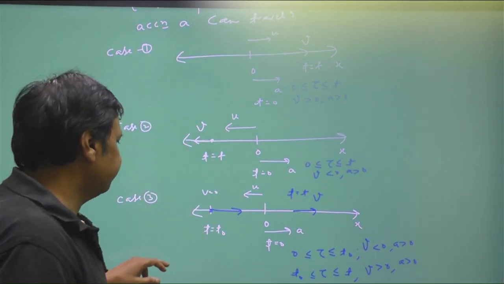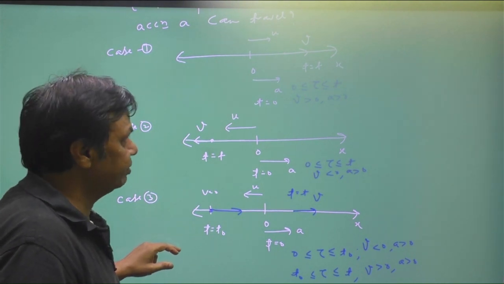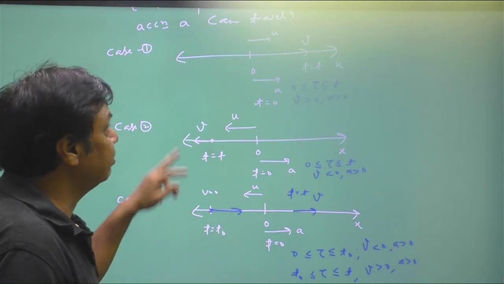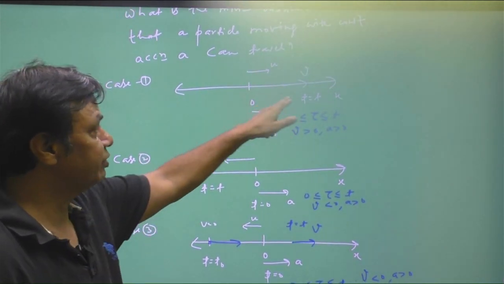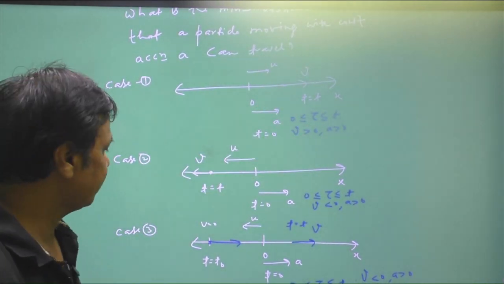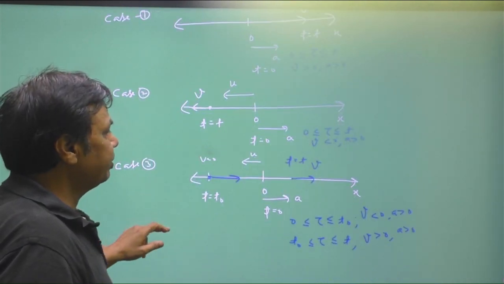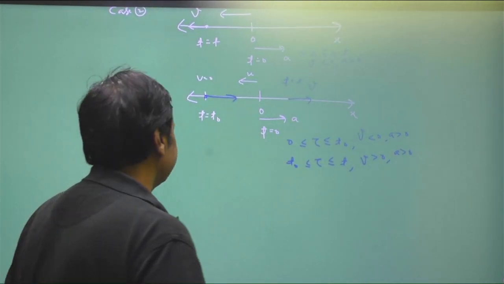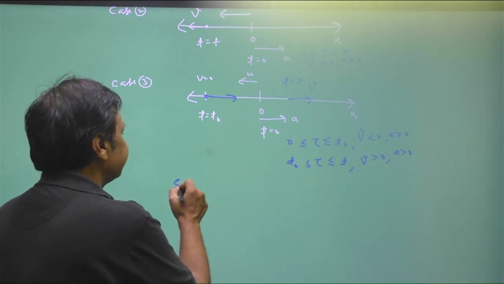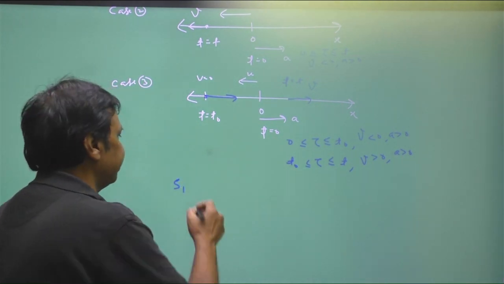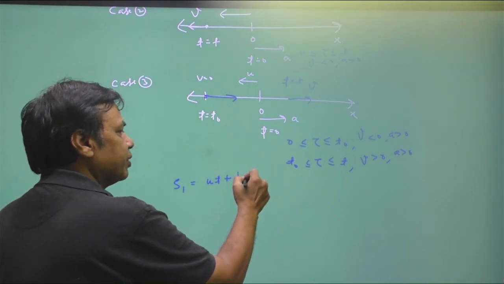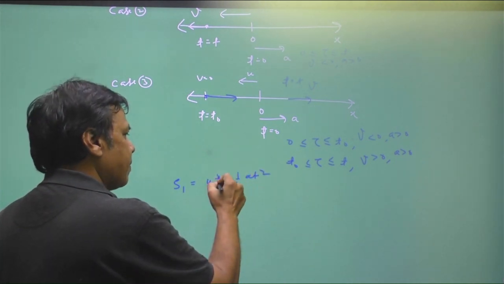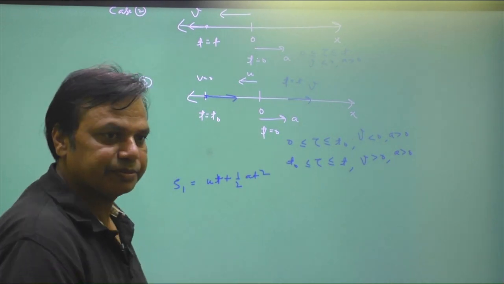And if you consider the first case, case number 1, you will be definitely writing the equation that the distance traveled in time t is s equals ut plus half at square.